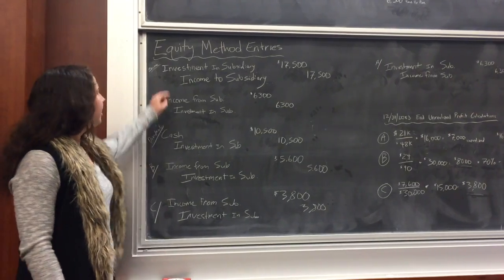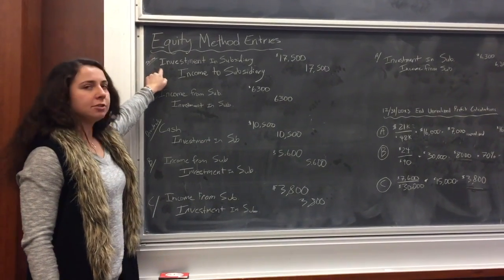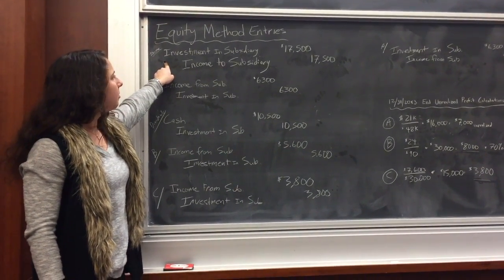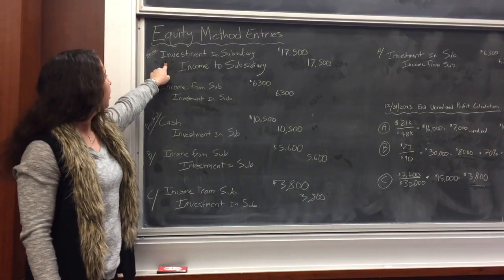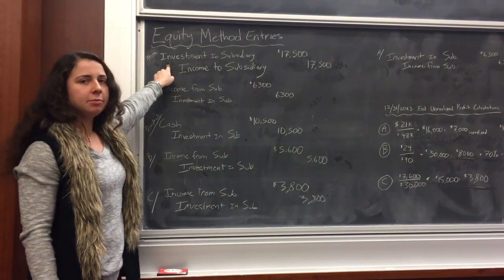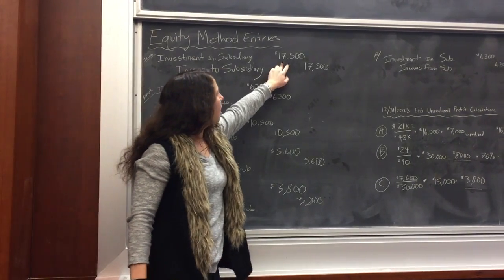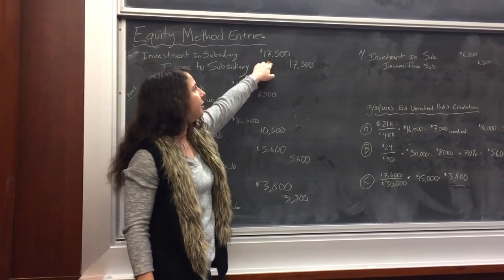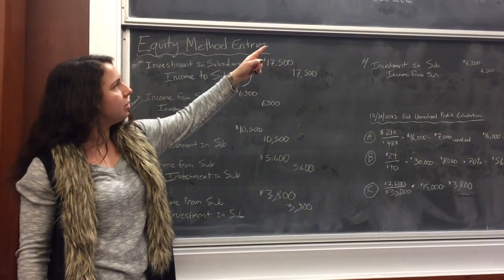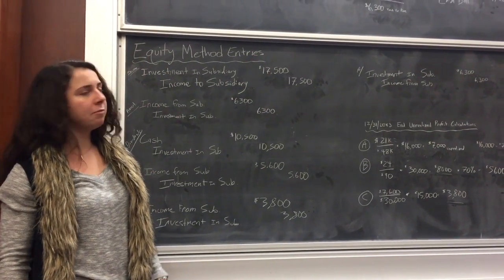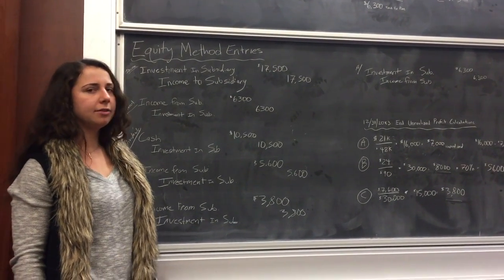For the equity method entries, first we accounted for the income that Pine would receive from Bob. So we debited investment in subsidiary and credited income from subsidiary for $17,500, which is 70% of the total income from Bob of $25,000.